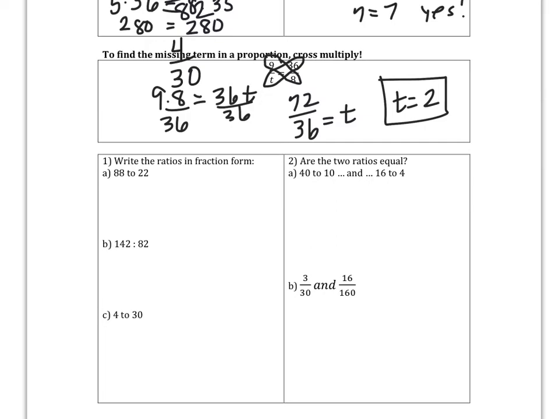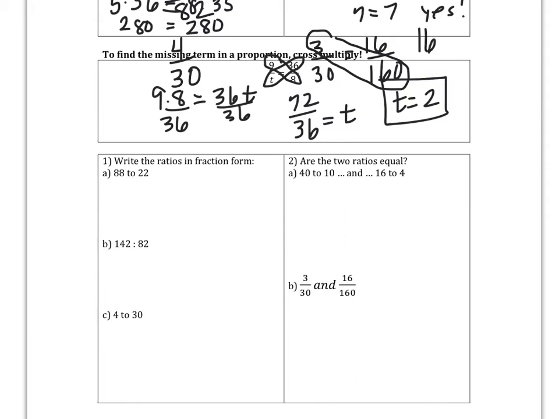3 over 30 and 16 over 160. Does that equal 16 over 160? On this one, let's cross multiply. We could also simplify by reducing, but let's cross multiply.